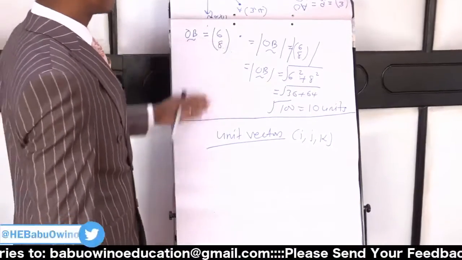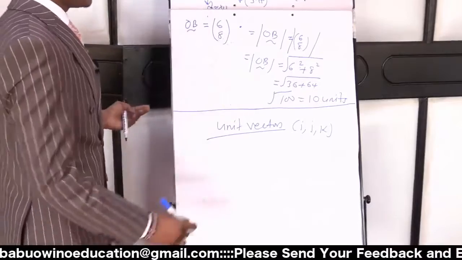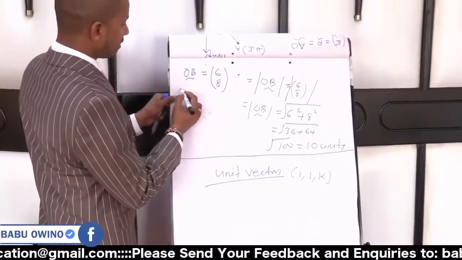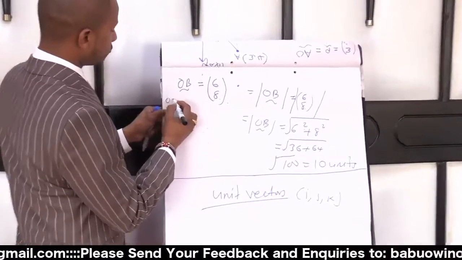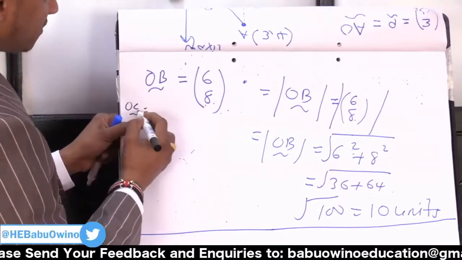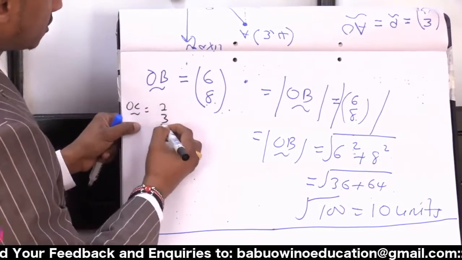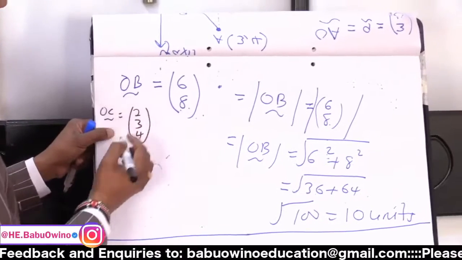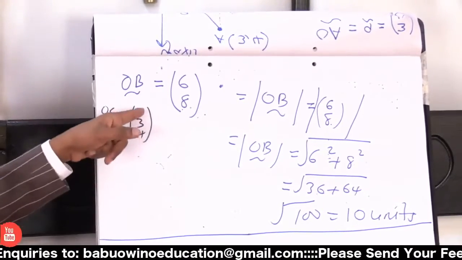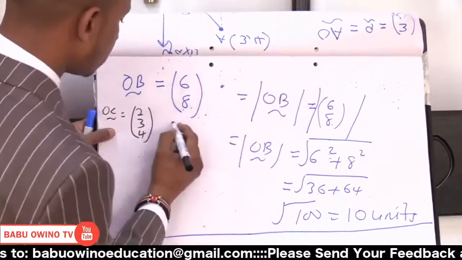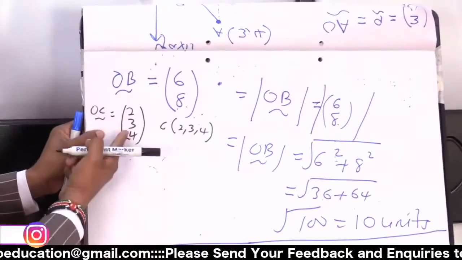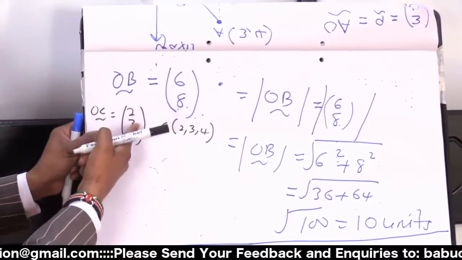So the modulus also, when you are given 3 dimensions, if you are told that vector OC has a column vector of (2, 3, 4), point C has coordinates of 2, 3, and 4, written as a column vector of (2, 3, 4).